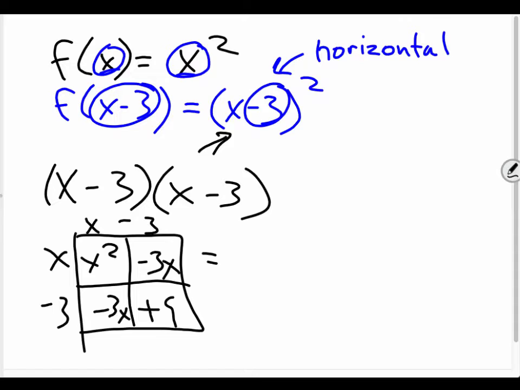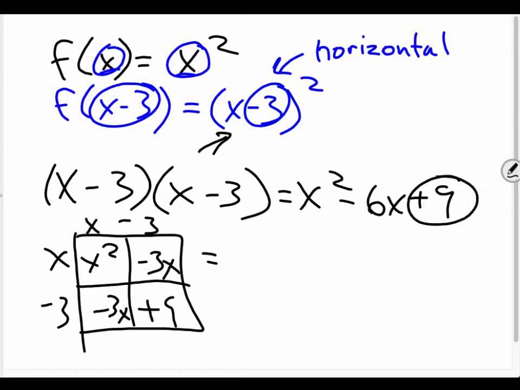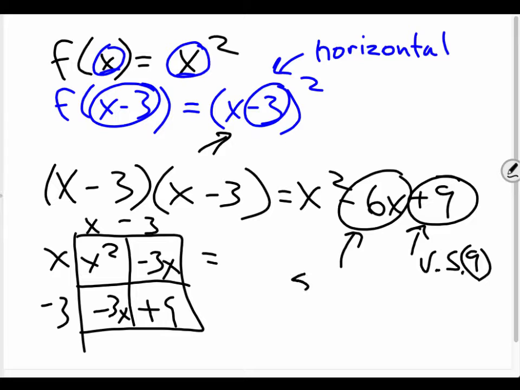So this whole thing is x squared minus 6x plus 9. This is completely different. This has a vertical shift of 9. And this shifts across the parabola.